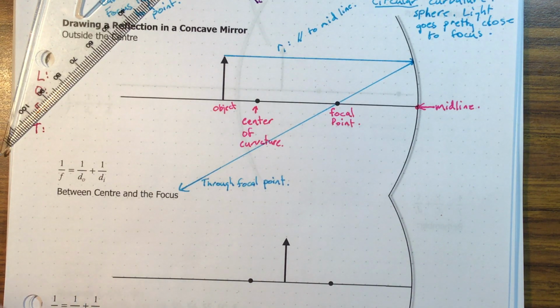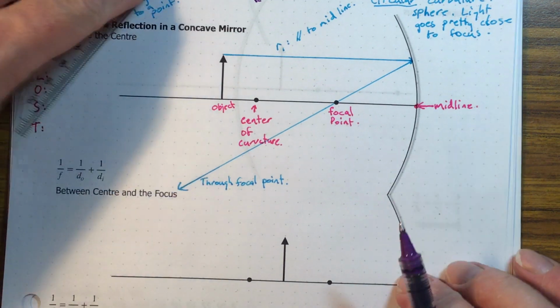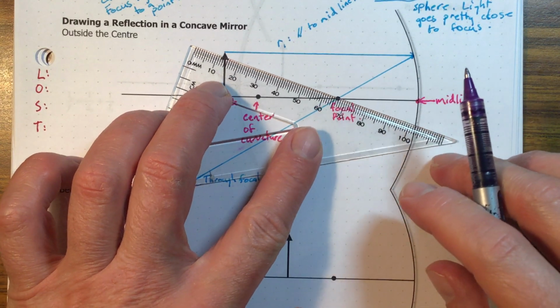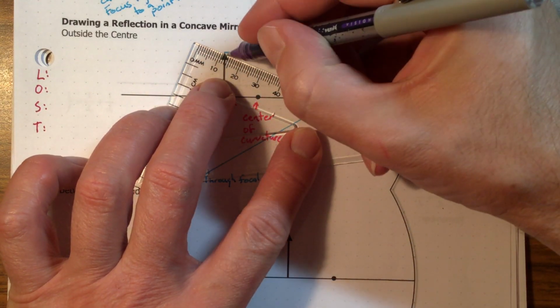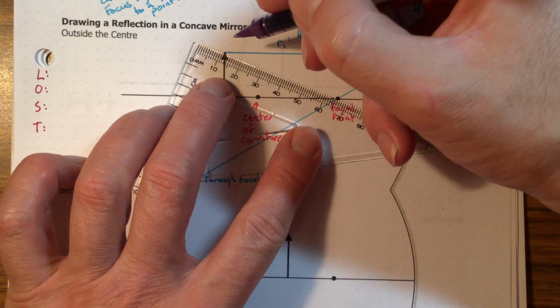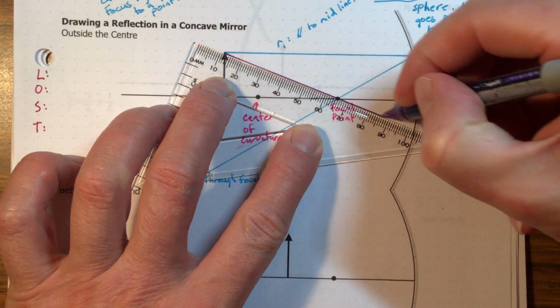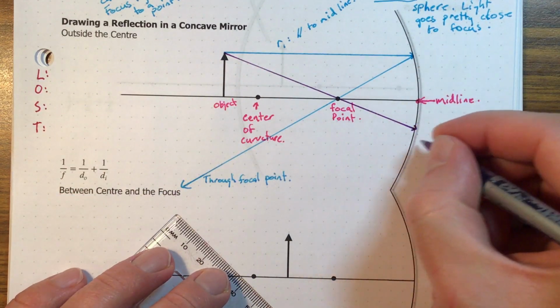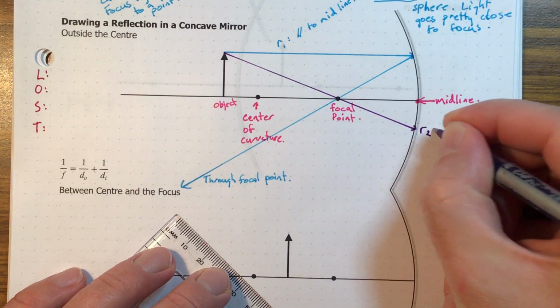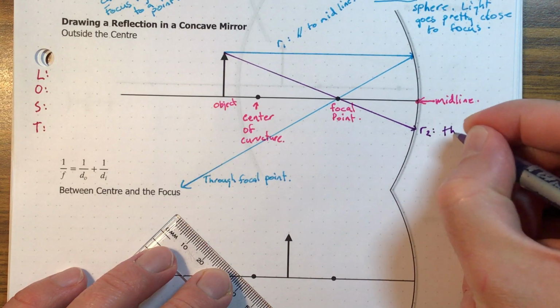Parallel to the midline, bounces back through the focal point. Ray number 2 from the tip of our object goes through the focal point. And you want to be as precise with these as possible. So this is ray 2, through the focal point.